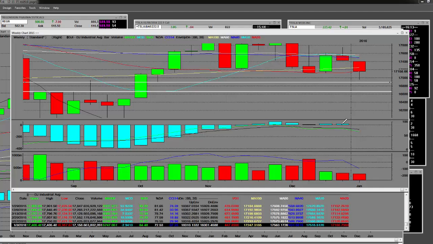This is only 2 trading days. 17,155. That's on the weekly red line, the 20-week moving average. We've got a 10-week moving average that crossed over the 50 over here, and that 10-week is 17,515. The 50-week simple moving average, which is the white line up here, is at 17,563.